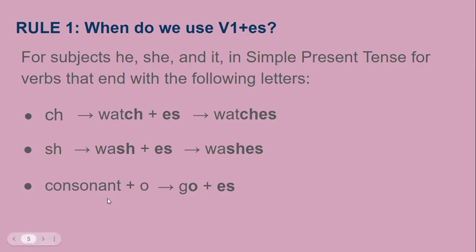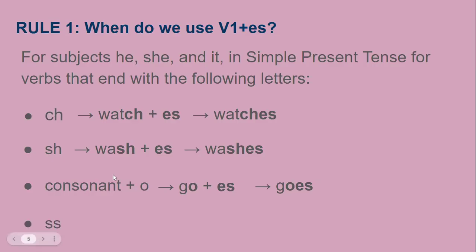For example, you've got go. So you've got a consonant here, which is a G, plus O. You add ES, it becomes goes. Okay?